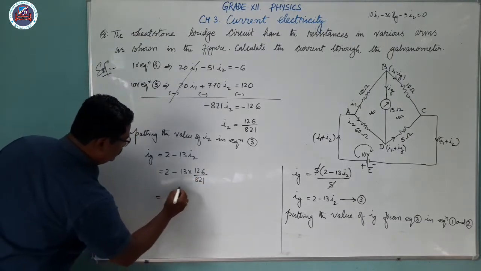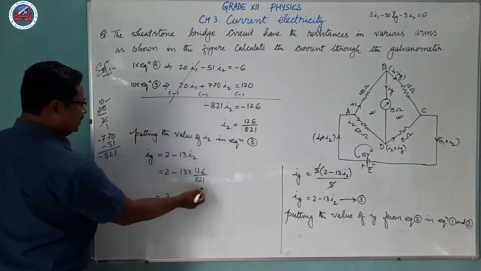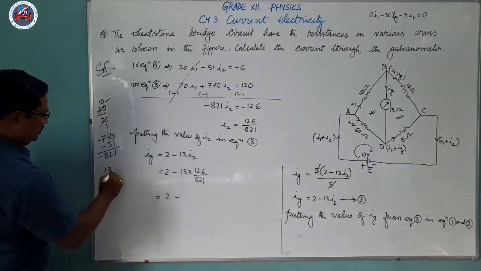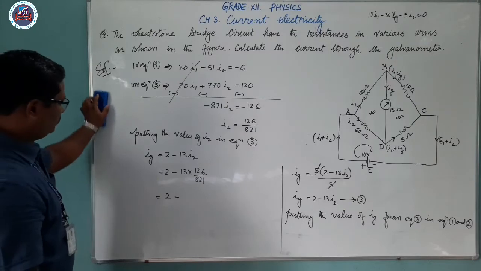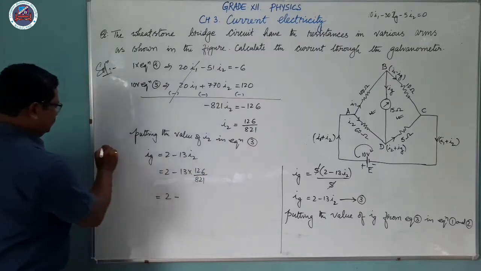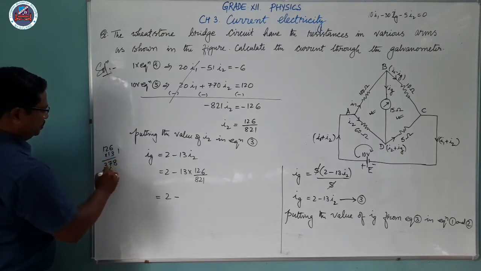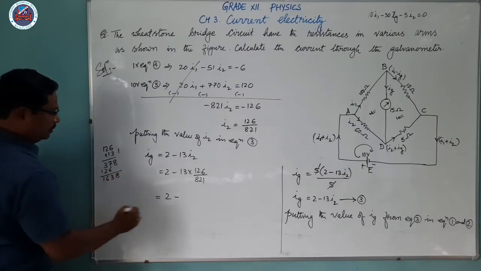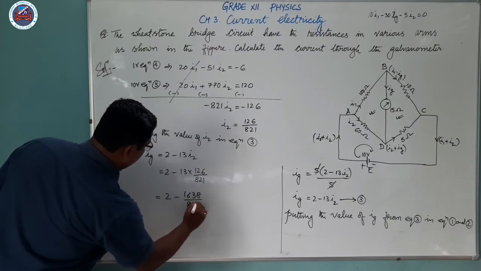So 126 into 13, this one you can multiply. 126 into 13 is 1638, divided by 821.